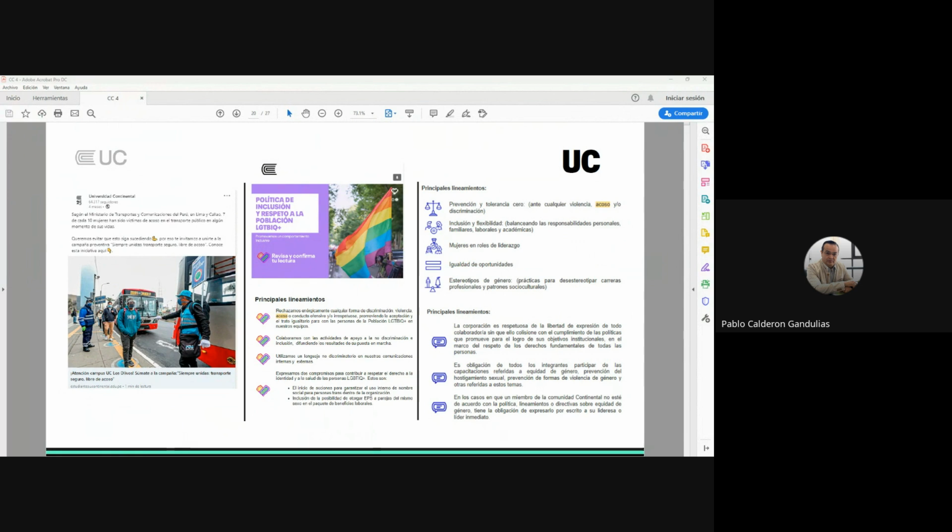Then it promoted the inclusion and respect to the LGBTIQ plus community among the university staff. They established some guidelines regarding inclusion and to avoid discrimination.